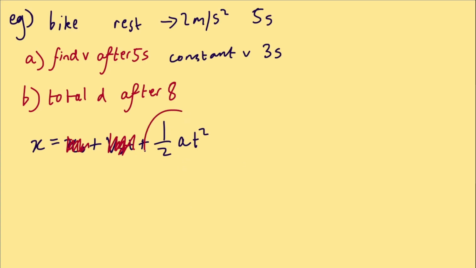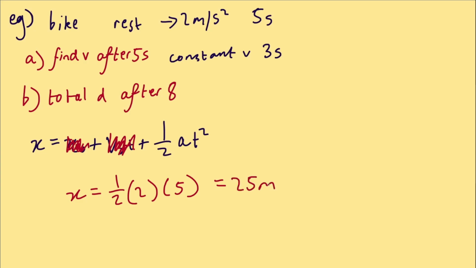So if you ever see just this, understand that it's because the initial position and velocity are 0. Let's plug in our values. x is equal to 1/2 times 2 times 5 squared. So that is equal to 25 meters. So after 8 seconds, the bike moved 25 meters.